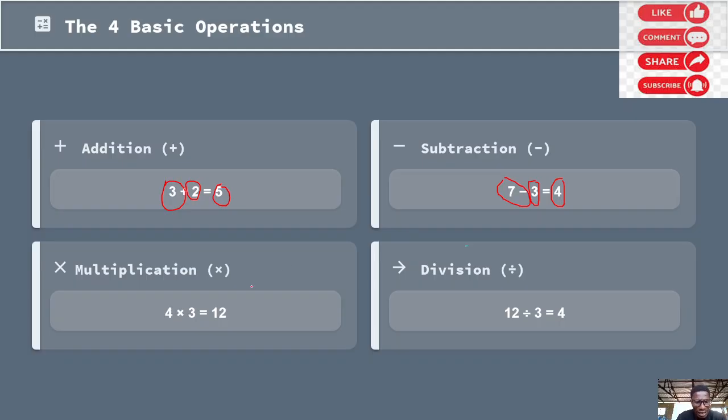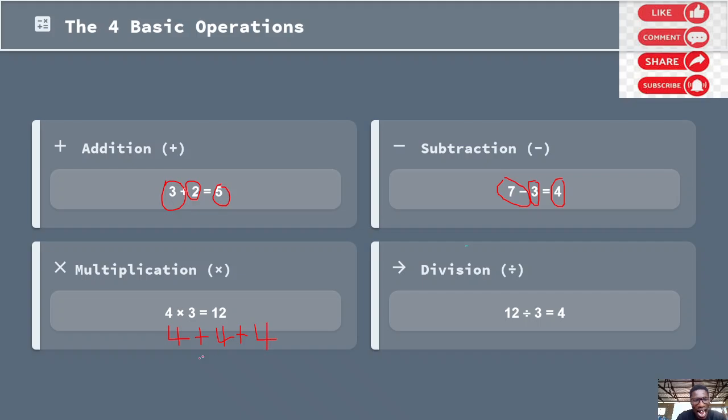Multiplication means repeated addition. What it means is that 4 times 3 simply means 4 adding to itself 3 times. So we have 4 plus 4 and then plus 4.